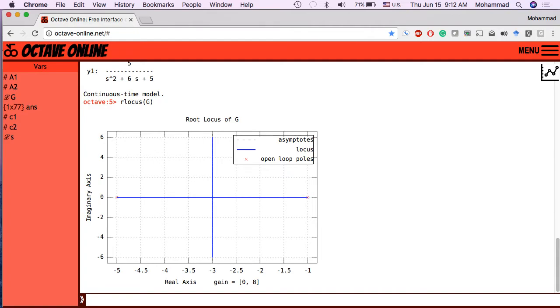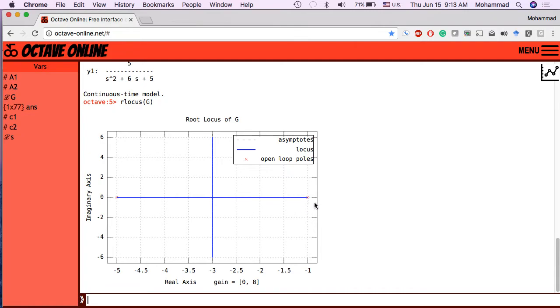So at this point, when gain is exactly equal to 0.8, the two poles would be identical. So for people who are watching online, we are talking about increasing K. As K increases, this pole from -1 moves to -3, and the pole at -5 also moves towards -3.